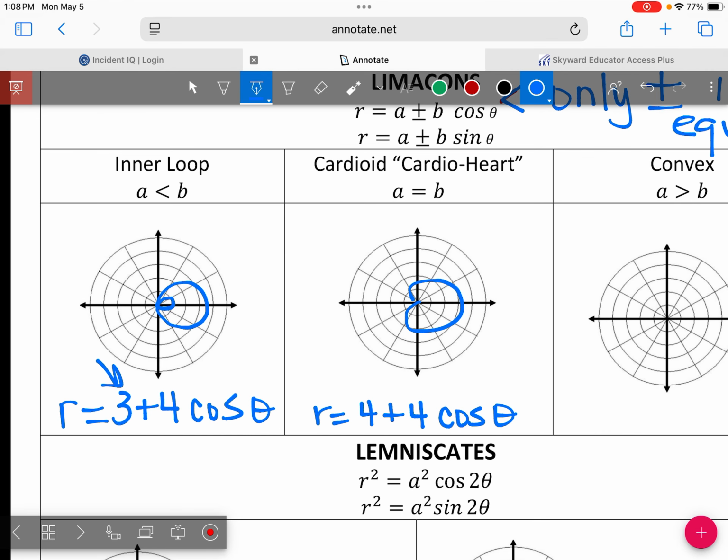And if the first number is bigger, then it still has a loop, but it doesn't touch the middle. It looks more like that. So tomorrow when we actually graph it, we're going to use technology and I'm going to show you how to use the calculator and it'll kind of all come together. But I just want you to kind of have an introduction of what they look like.